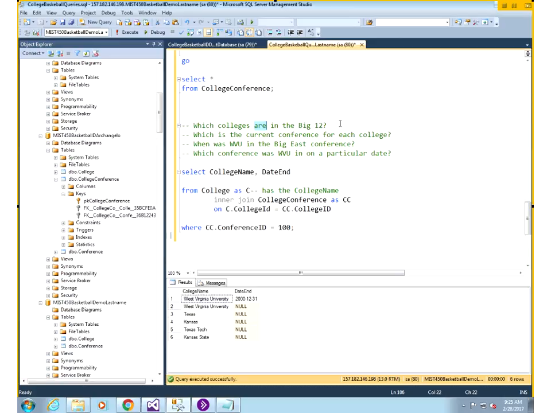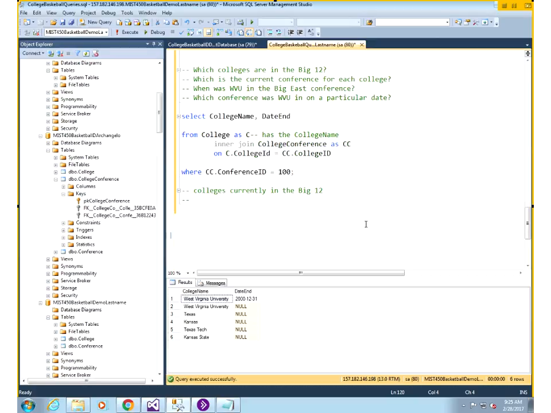So that's one issue. We are looking at current colleges, or colleges currently in the Big 12. Okay, so that's one issue.